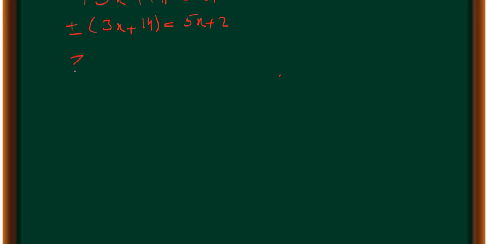First time I write positive like this: 3x plus 14 is equal to 5x plus 2. One time I write negative.